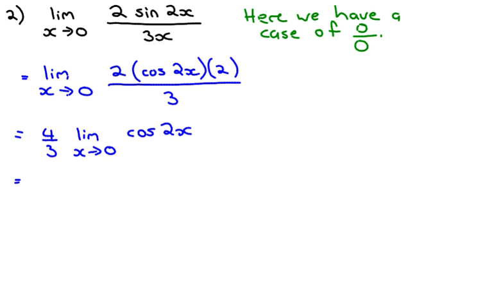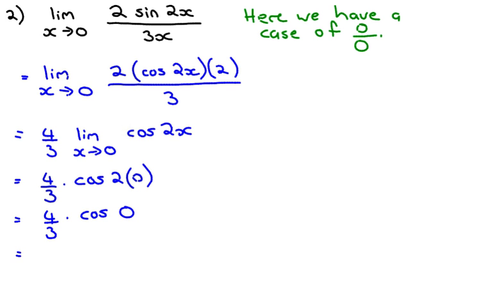Now when I'm finding a limit, I can test it. Let's see what happens if I sub x to be 0. Then I've got cos of 2 times 0. And actually, let's write that out. I've got 4 over 3. The moment I sub in, I don't have to write the limits anymore because I'm actually finding the limit. Cos of 2 times 0 is cos 0, so let's pop that step in as well. Times by cos 0.